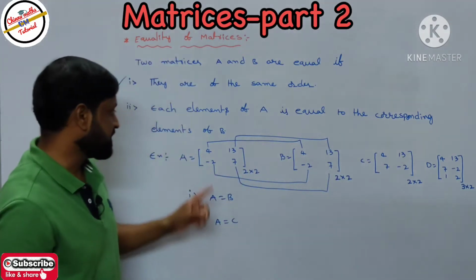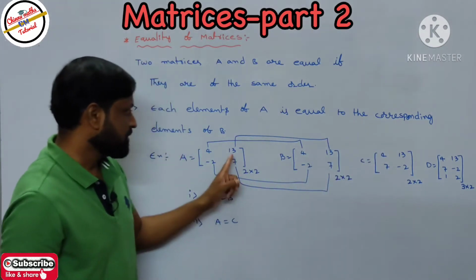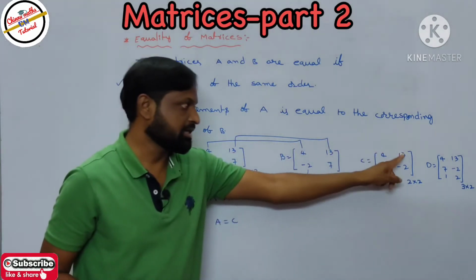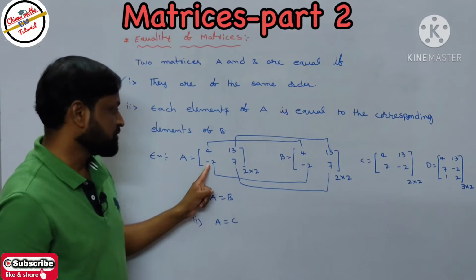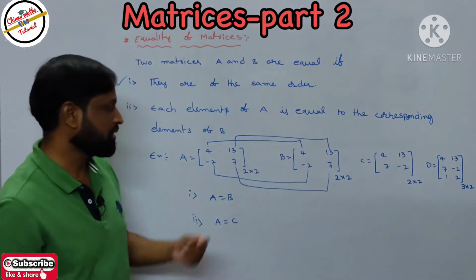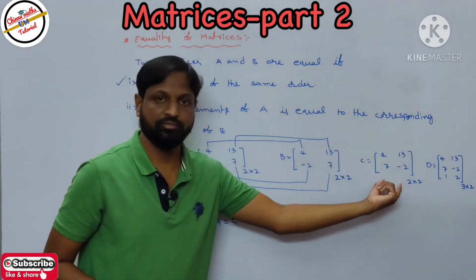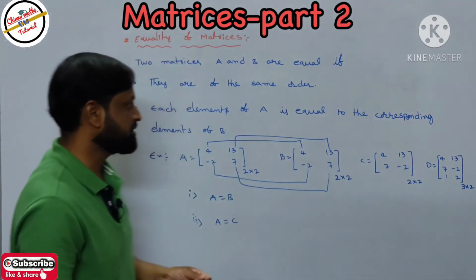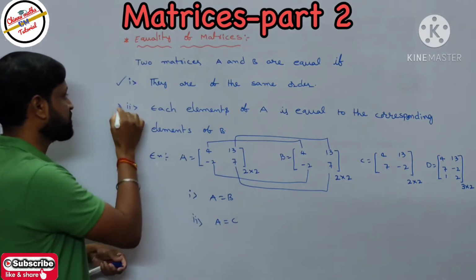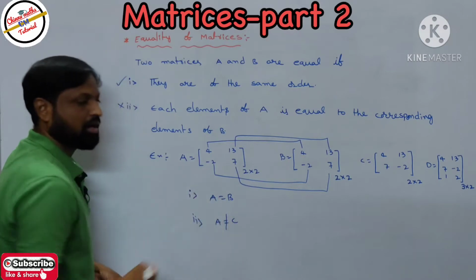The first element is 4, 4, both are equal. The 13, this corresponding element is 13, equal. Minus 2, this corresponding element is 7. These both are not equal. So the corresponding elements of A are not equal to the corresponding elements of matrix C. So the second condition is not satisfied. So that is why the two matrices are not equal.